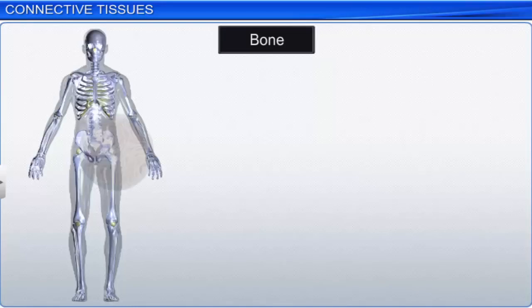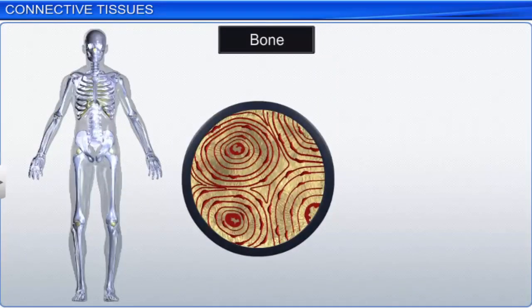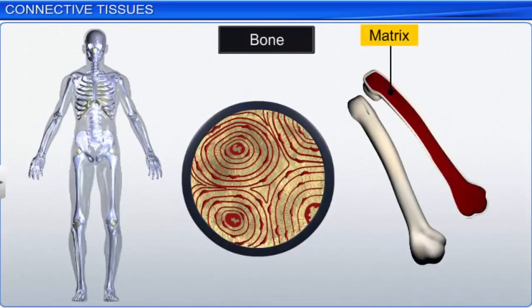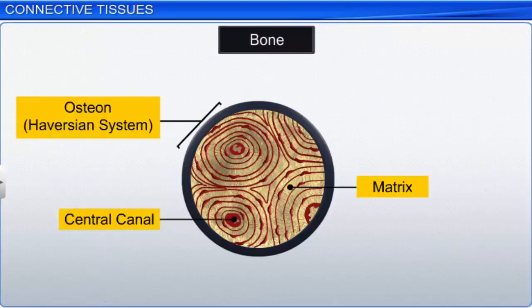Bones have a hard and non-pliable matrix, which is rich in calcium salts and collagen fibers. This provides strength to the bones. Bone cells or osteocytes are present in spaces called lacunae.